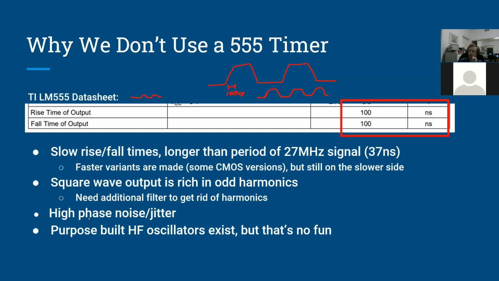The other reason is what's called phase noise or jitter. They're essentially the same thing. Digital people will call it jitter and analog people will call it phase noise. What that is, is that when your device is outputting some signal, it's not necessarily going to be at one frequency at all times. There's some noise in there that'll jitter it back and forth between slightly different frequencies.